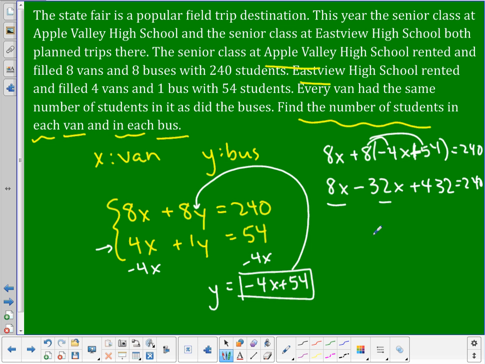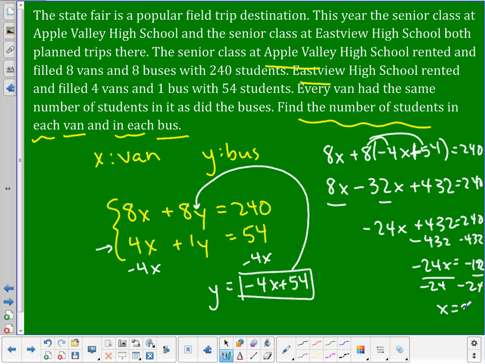Putting my x terms together, that's negative 24x plus 432 is equal to 240. Subtract the 432. And I have negative 24x is equal to negative 192. Almost there, divide by the negative 24. And I get x equals 8.